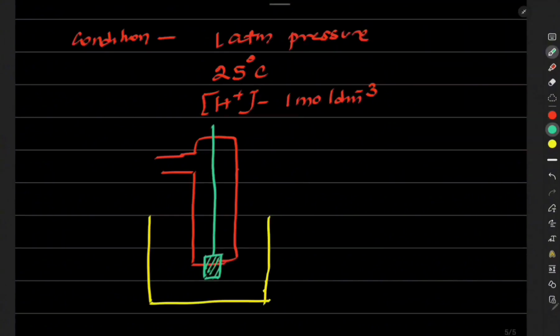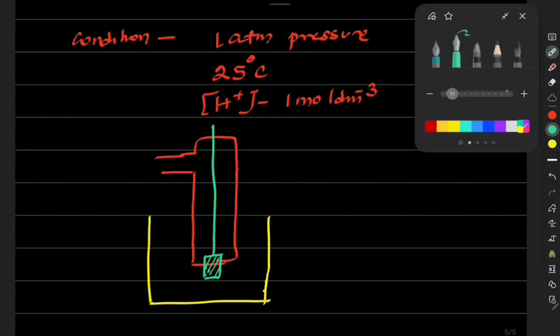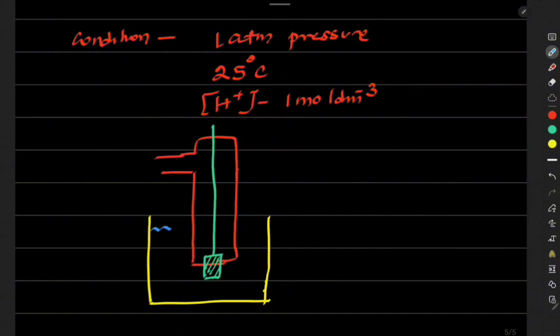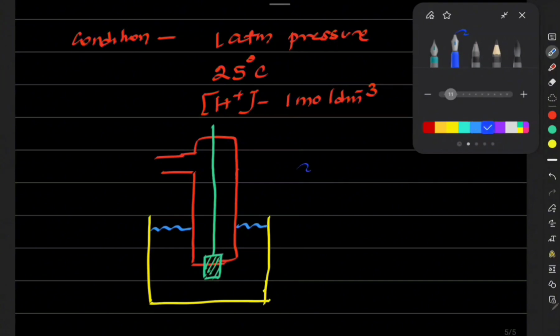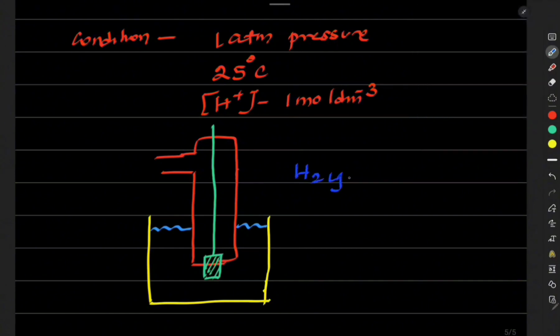Now let's look at the standard hydrogen electrode. This is dipped inside a solution, and there will be an equilibrium established between the hydrogen gas and H+ ions in the solution, which is catalyzed by the platinum.